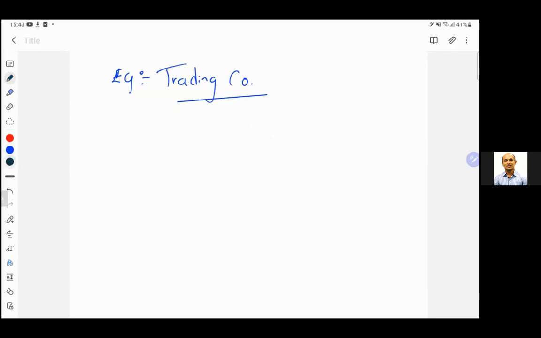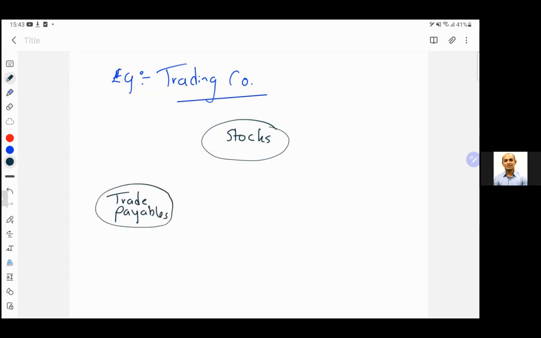A trading company buys stocks. Sometimes stocks are bought on credit. Then you have trade payables. From suppliers, you buy stocks on credit.